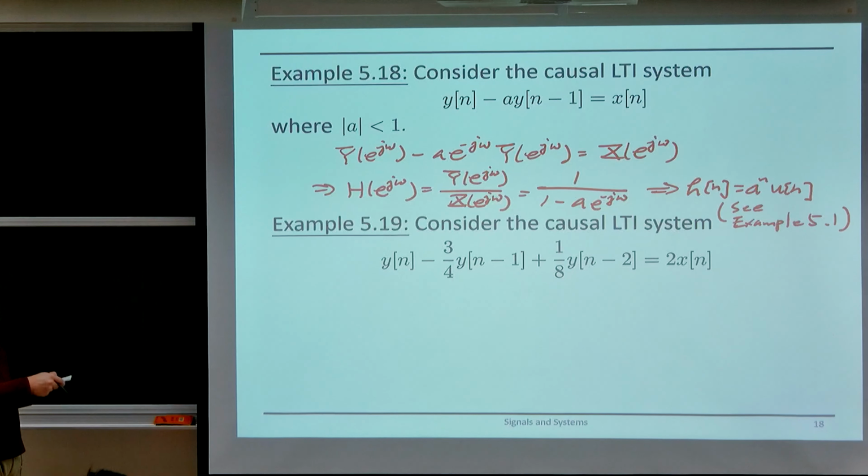Now the key is, what do you do with this? We hope to be able to find the inverse Fourier transform to get the impulse response. But how do you do that with this?